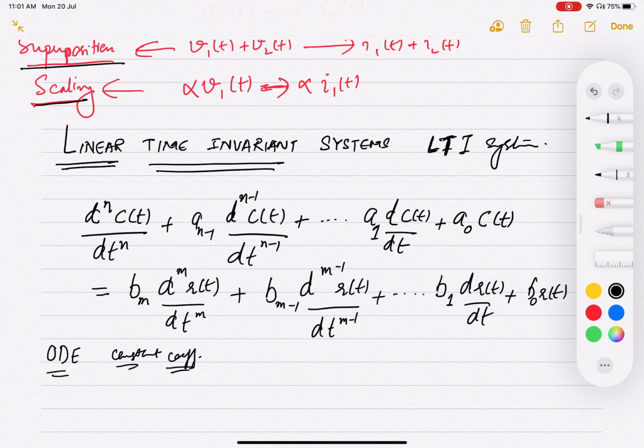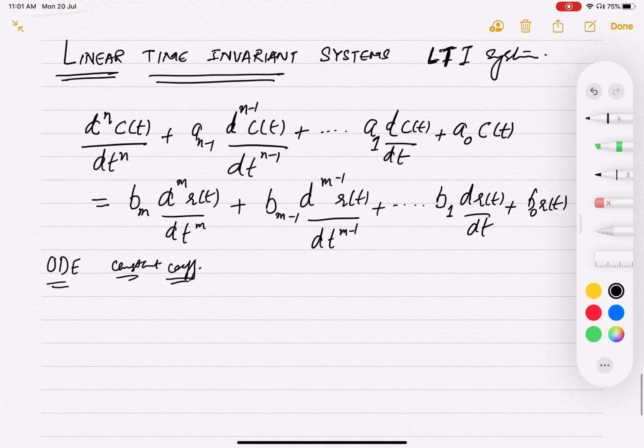So you can apply Laplace transformation to this equation and get it in terms of the block diagram. You can write it down. So if you apply Laplace transform on the left hand side, this is the nth differential of c, where c is the output.